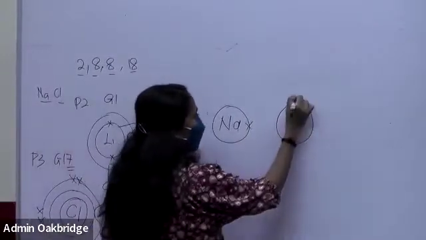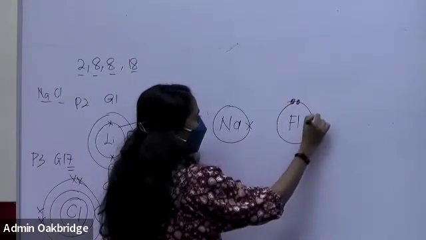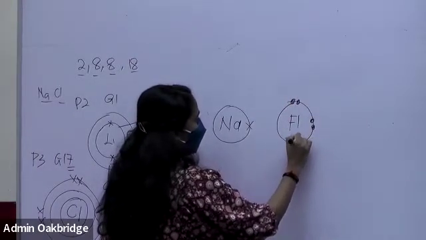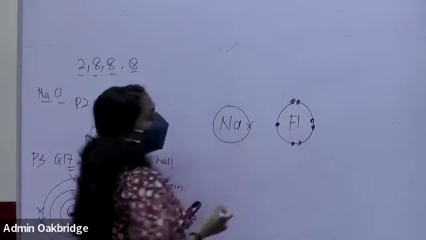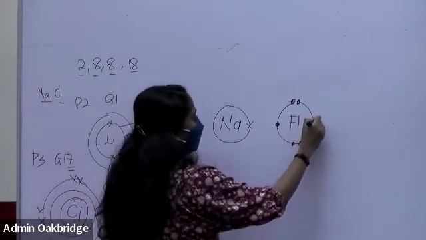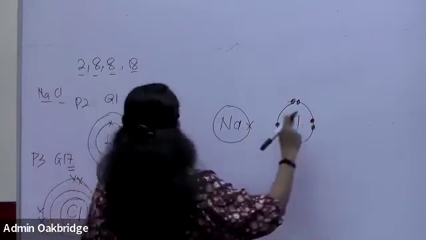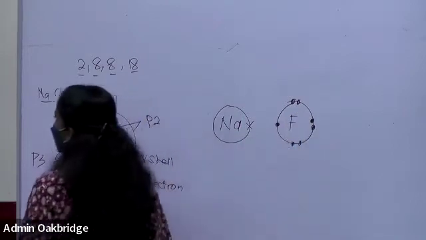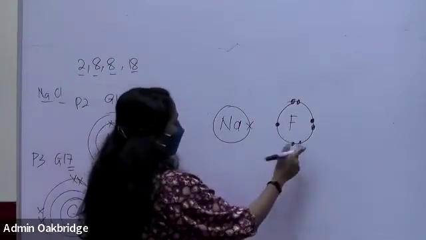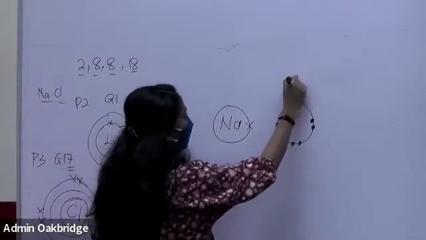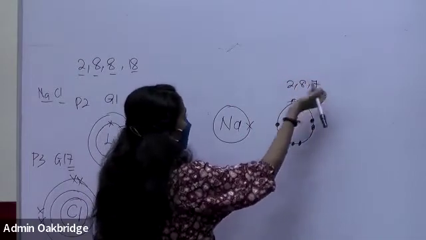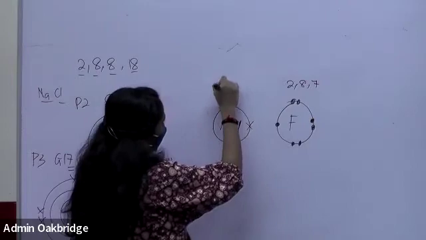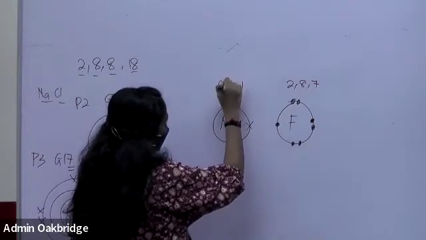My fluorine will have 7 valence electrons, because fluorine is in group 17. So the electron arrangement is supposed to be 2, 7, and here I have 2, 8, 1.